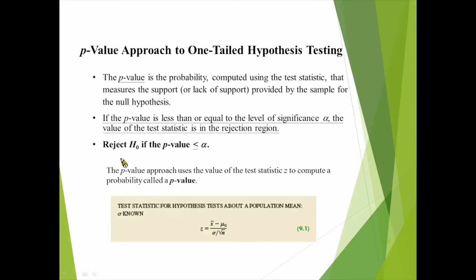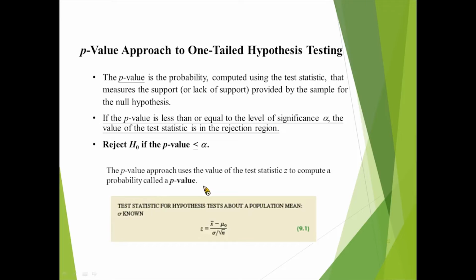So reject H0 if the p-value is less than or equal to alpha. The p-value approach uses the test statistic d to compute a probability called the p-value.